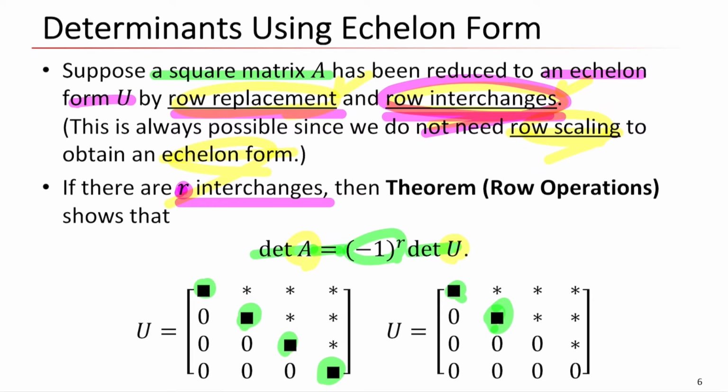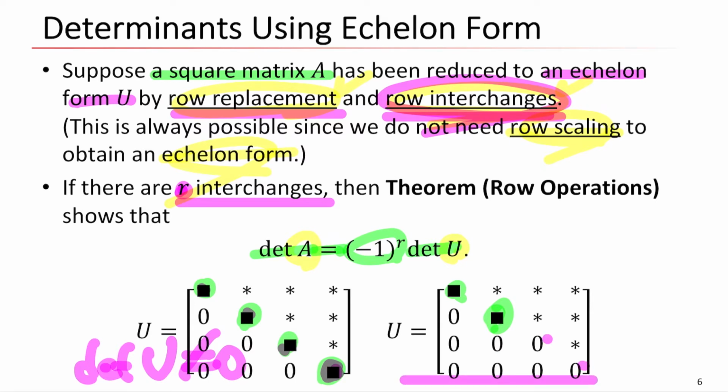In this case, the determinant of U is not equal to 0, because the determinant of U is the product of these diagonal terms, where each square represents a non-zero value. Then what about the other case? Here there might be some zero values, and the determinant of U is equal to 0, okay?